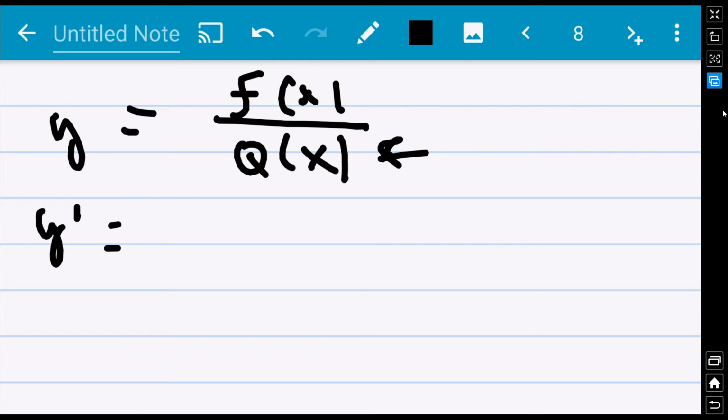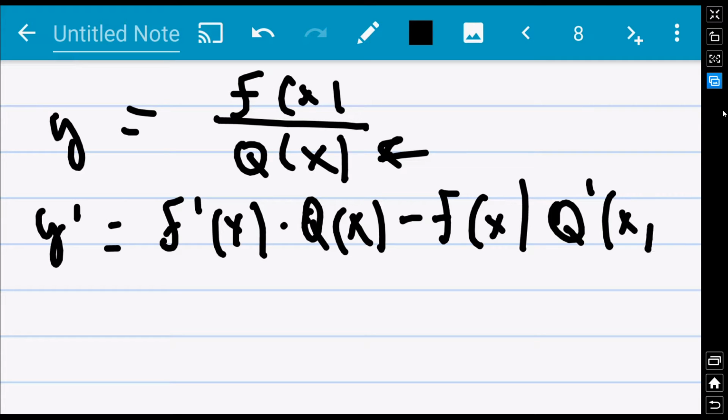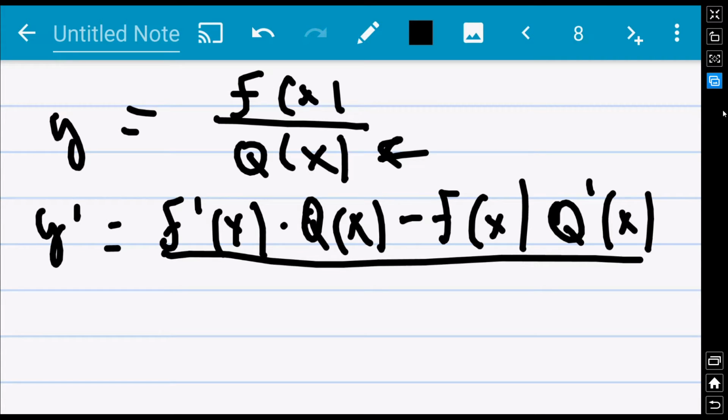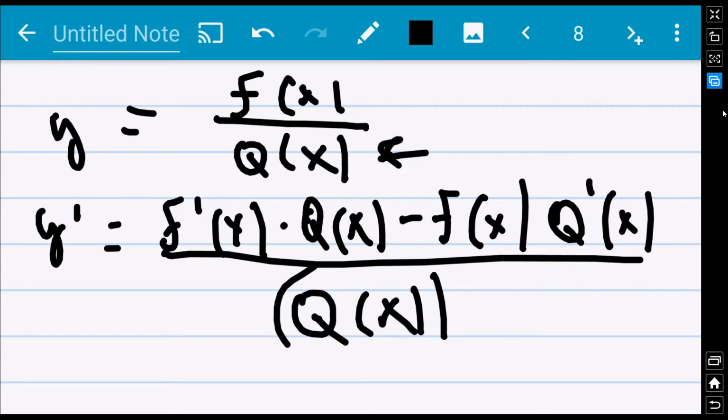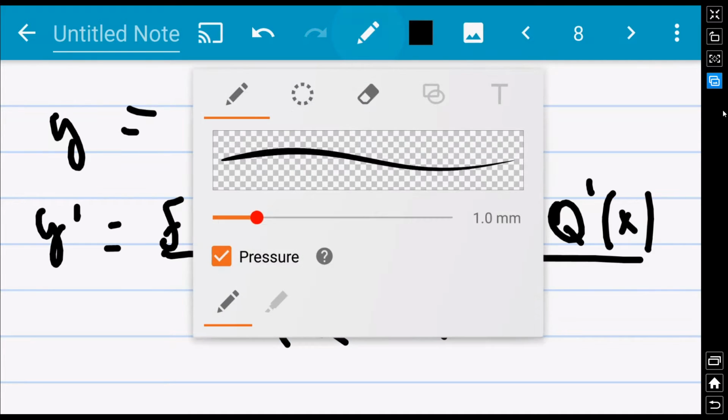Now quotient rule says this should be f prime of x times q of x minus f of x times q prime of x, all over q of x squared. Now why so complicated? Because it works. So I'm going to put a box around this.